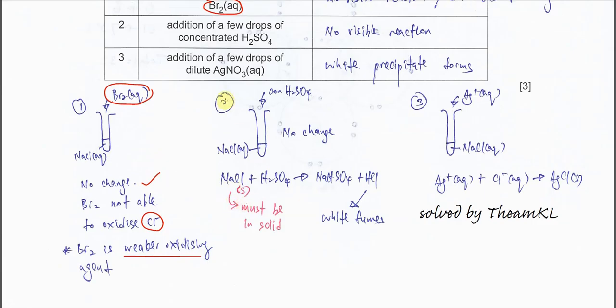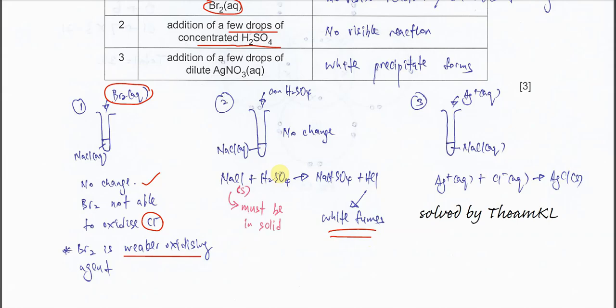For the second test, add a few drops of concentrated H2SO4 to the sodium chloride solution. In this part, many candidates will give white fumes.